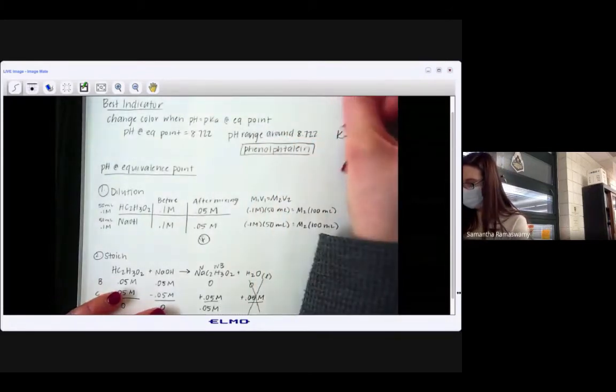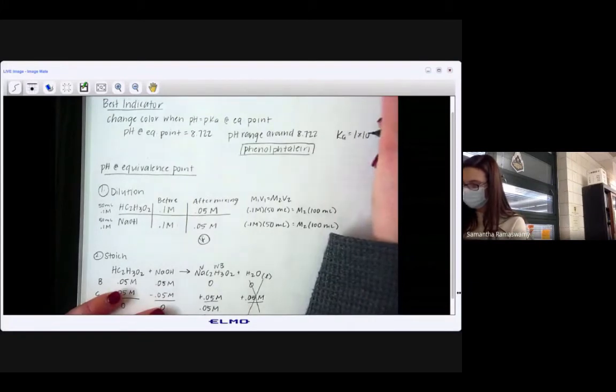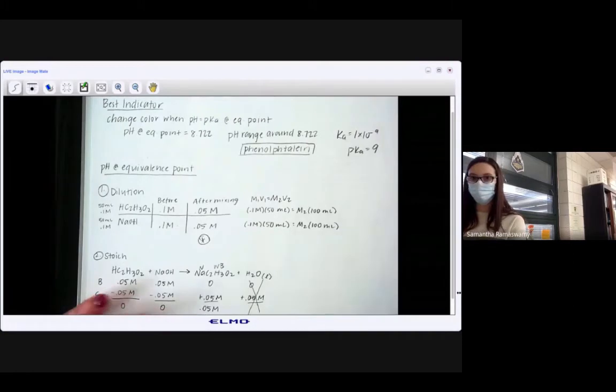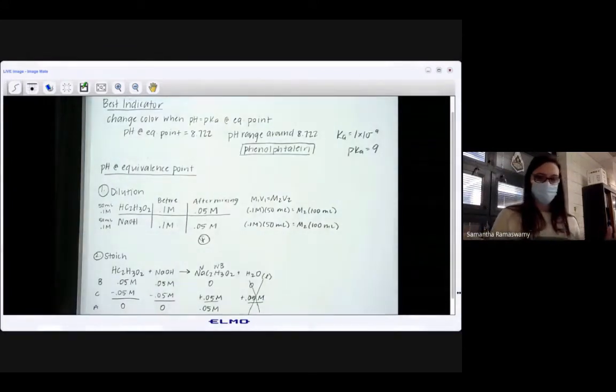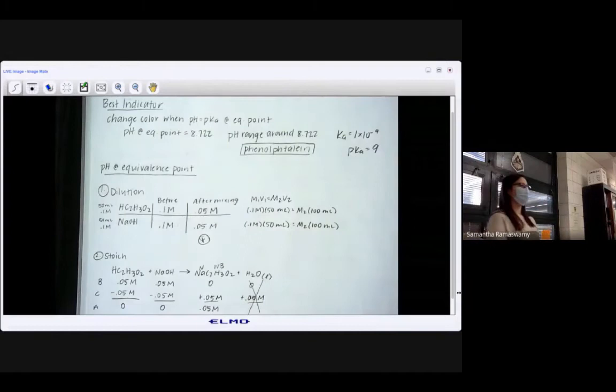Again, I would give you the Ka. Ka is 1 times 10 to the negative 9, so pKa is 9. That means the range is 8 to 10. So that is the first question.